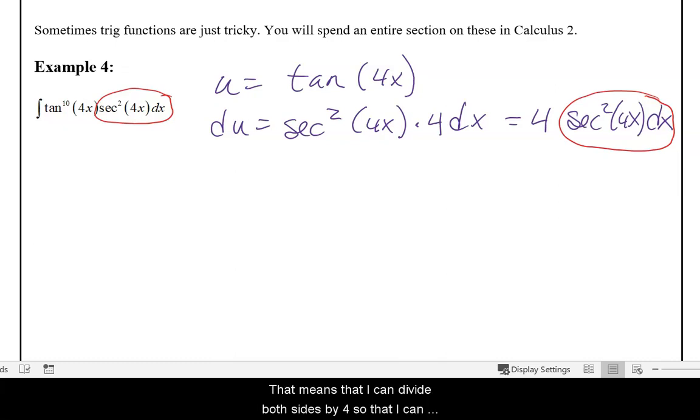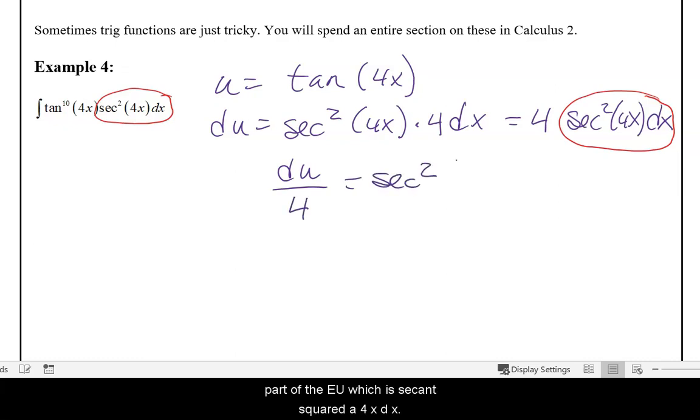That means that I can divide both sides by 4 so that I can isolate the part of the integrand that is already a part of du, which is secant squared of 4x dx. When I substitute, I'll replace the secant squared of 4x times dx with du divided by 4. The 4 that's being divided will move to the outside as a factor of 1/4.